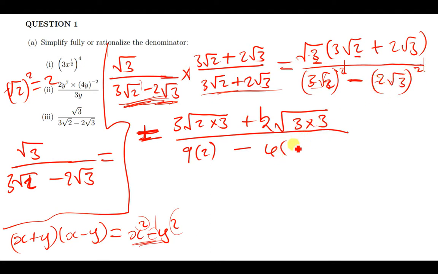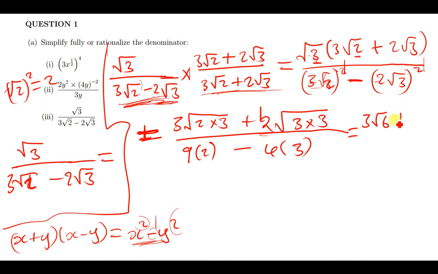Then when you square the root of 3, the answer will just give you 3. So we simplify this, this will be 3 times the root of 6, so we're going to have 3 root 6. Then this part will be 2 times the root of 3 times 3. 3 times 3, the answer is 9. So the root of 9, you simply get 3. 3 times 2, the answer is 6.